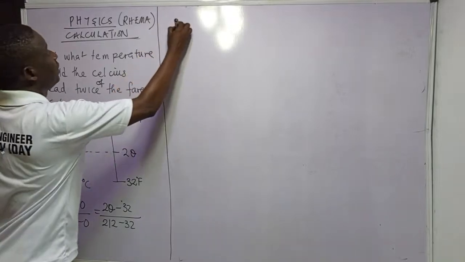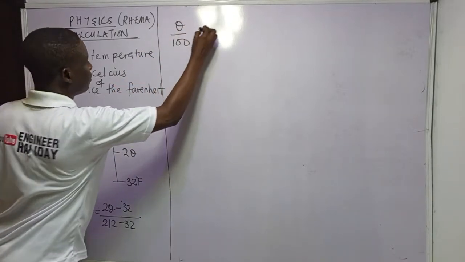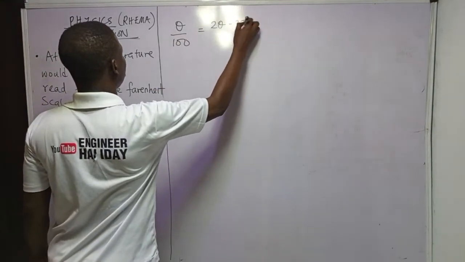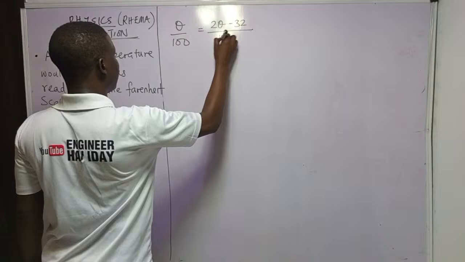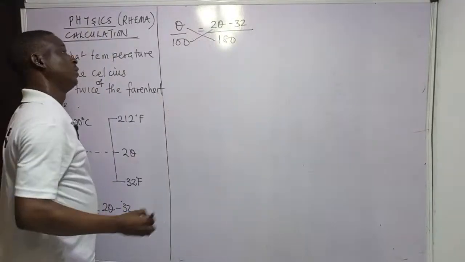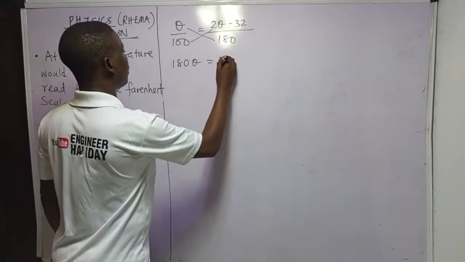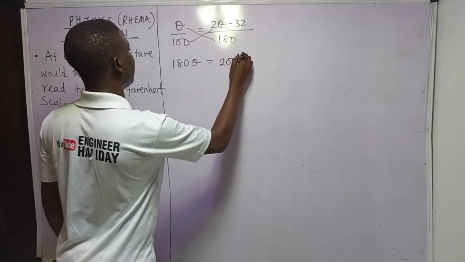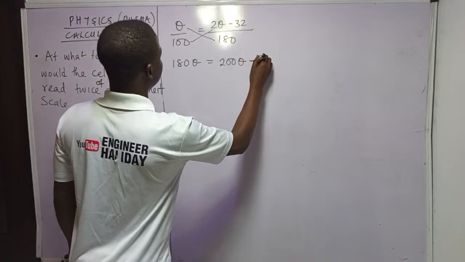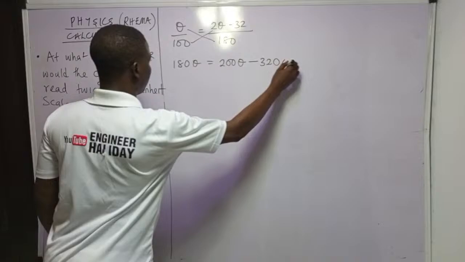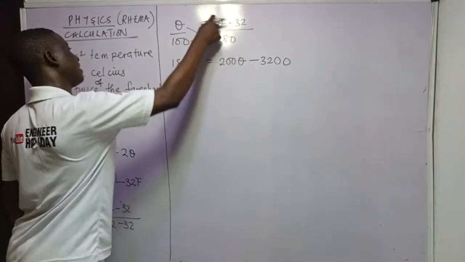Let's just play with it. This will give us 2 theta minus 32. This student in the house can help us press the calculator so that we can be fast. This will give us 200 theta minus 3200, equals 180 theta... that is, 100 times this times this.